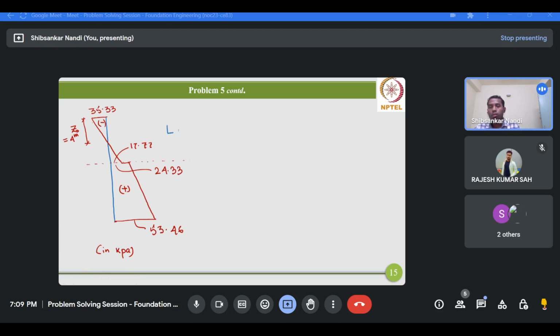So this is your layer 1 and this is your layer 2. Again, this is 0 meter, this is 6. So this is the active earth pressure distribution diagram.